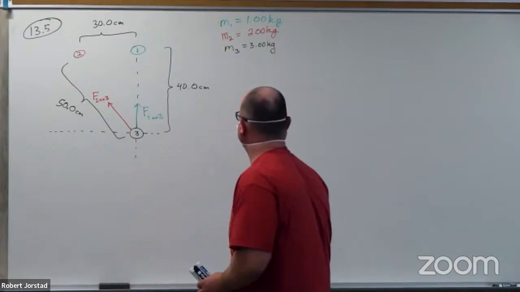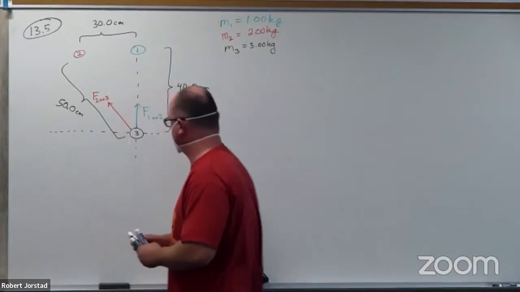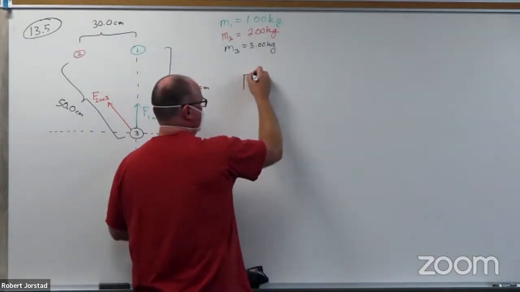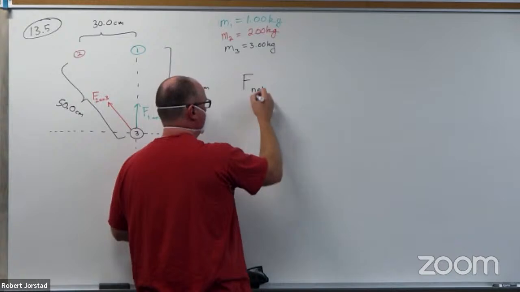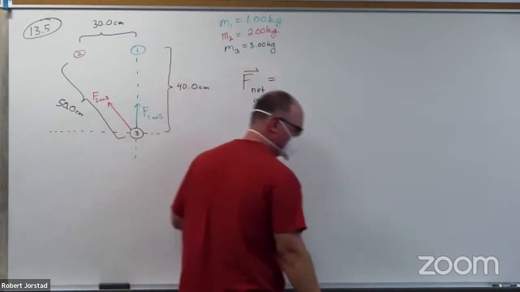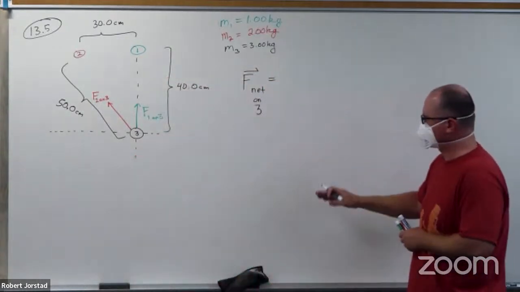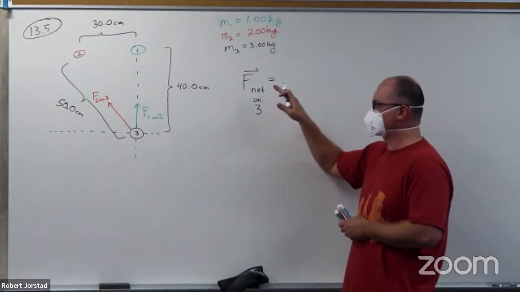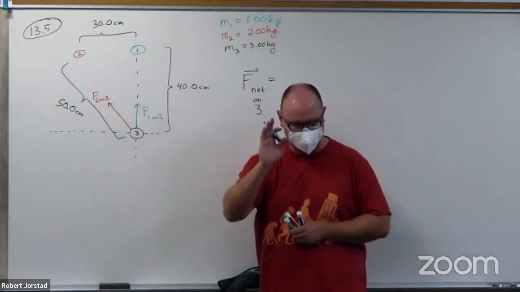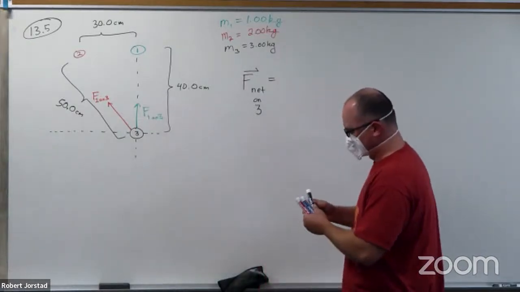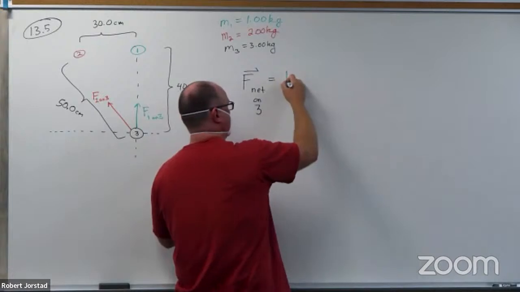Okay. I cannot stress this enough. Here's the deal you've got to know for a test question on this type. Drives me nuts. Force net on 3 is a vector. You cannot just add the magnitudes. I need to do the vectors.